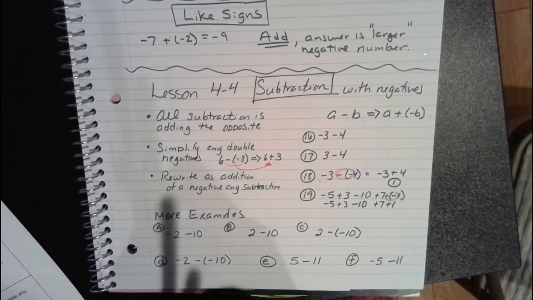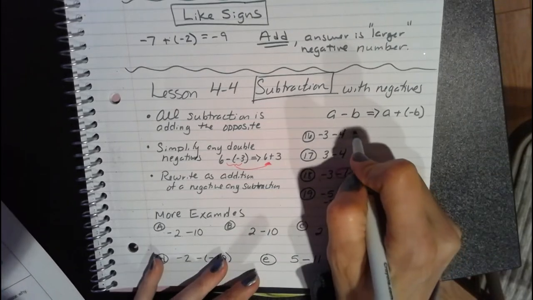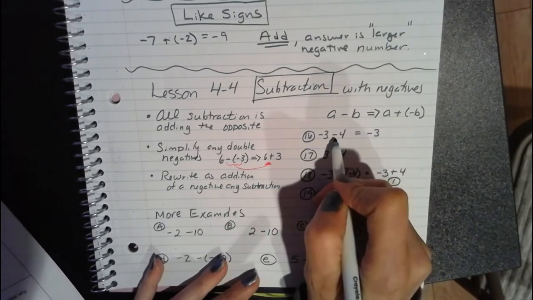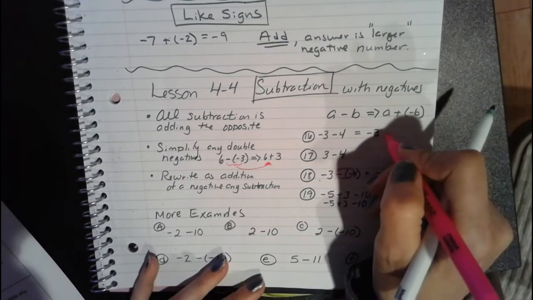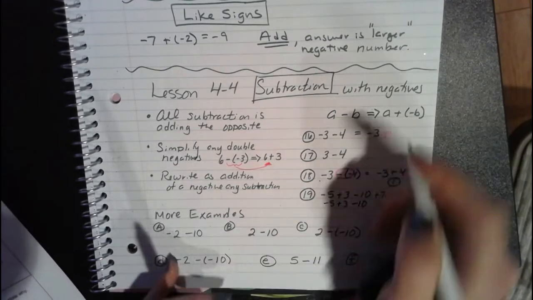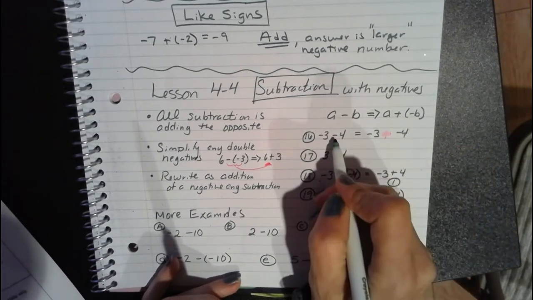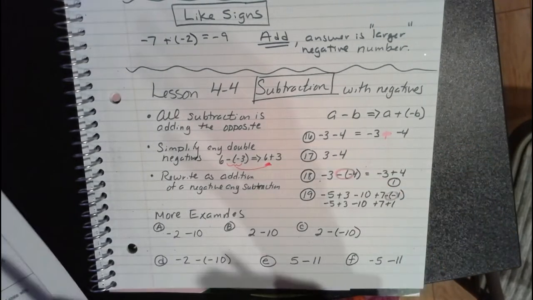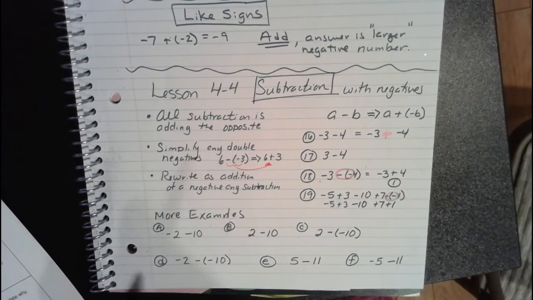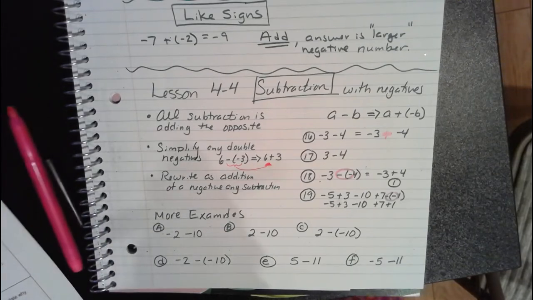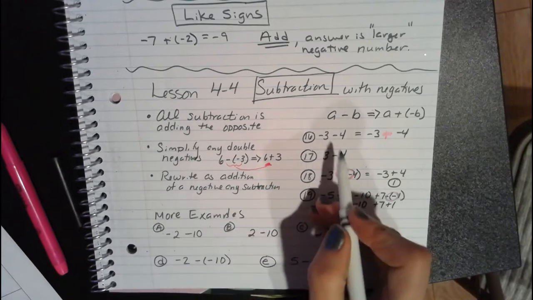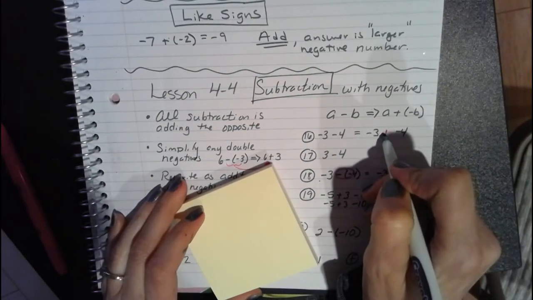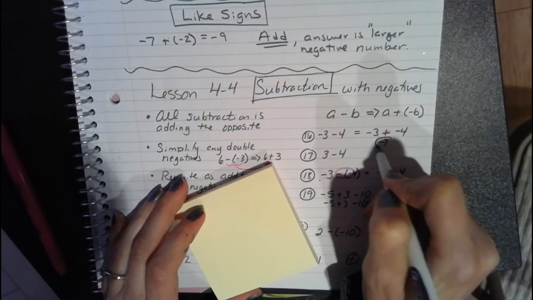So this is going to stay -3. But where I have this -4, I'm going to rewrite that as plus a -4. All minuses are a negative. Not all negatives are a minus, however, but all minuses are a negative. So that is really going to end up being -7.